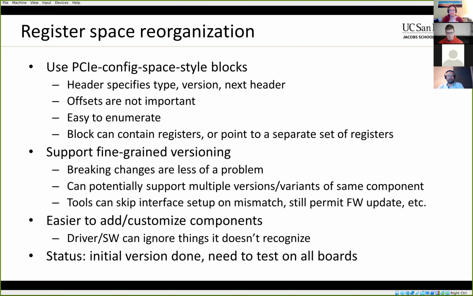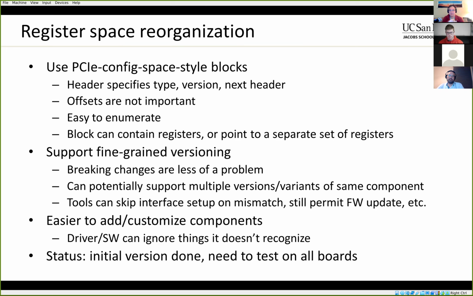And with this setup, the blocks either can contain registers directly if you have a component that just has a couple of control registers, or it can point to a separate set of registers for things like the queue managers, where you have a very large section of address space that's devoted to all the queue state and whatnot. So this means that you don't necessarily have to pay the alignment penalty of having that header when you have a large number of registers, because you can just separate the two.